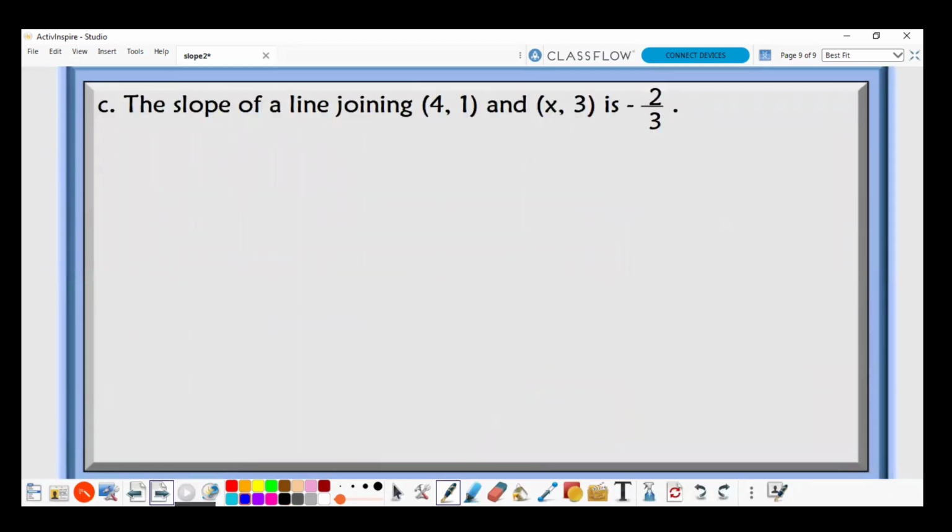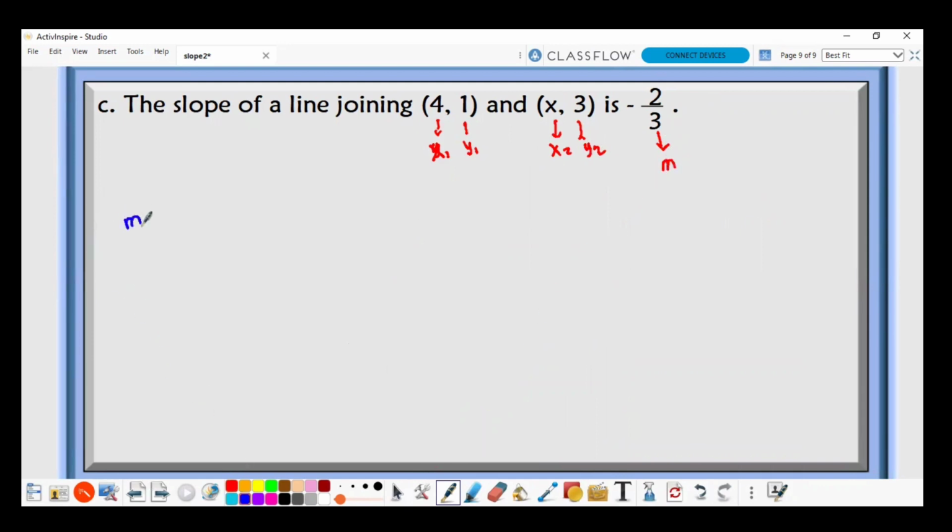And last example, what if one of the points here is unknown, but the slope is given? So same process, we will still use the formula that we had a while ago. That is by determining our x1, y1, x2, and then y2. And of course, we know that negative 2/3 is our m, or that is the slope.